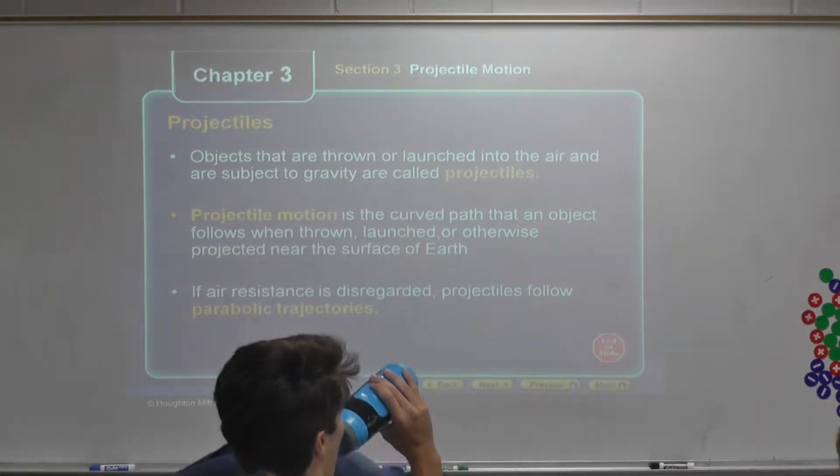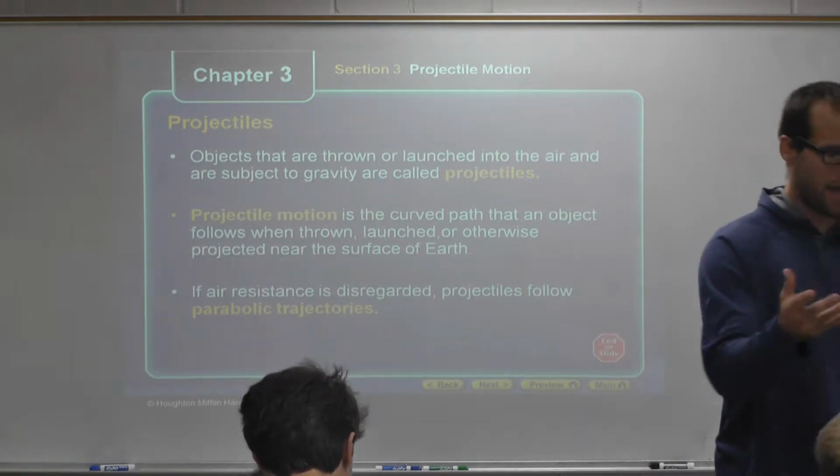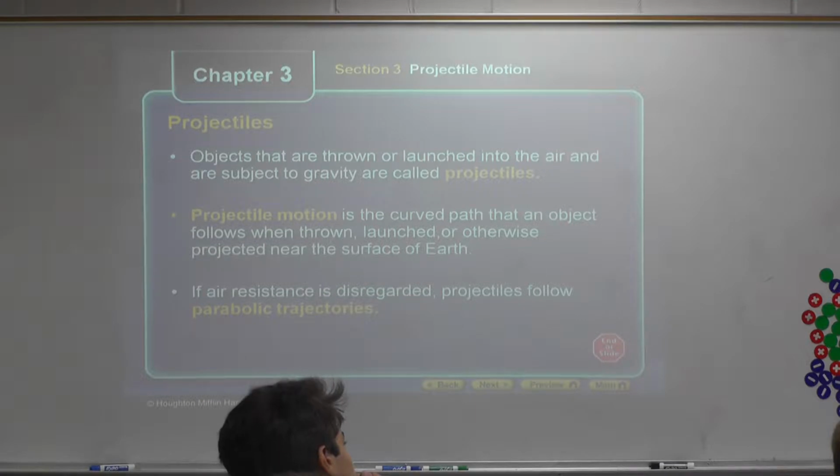Okay, but after I kick that ball, my kick is only going to hit it for a split second. And as soon as I let go, there's no force on it. Correct? So it has an initial velocity horizontally, but after the initial kick, what's the only thing acting on it? Gravity. Same thing as if I just dropped it.